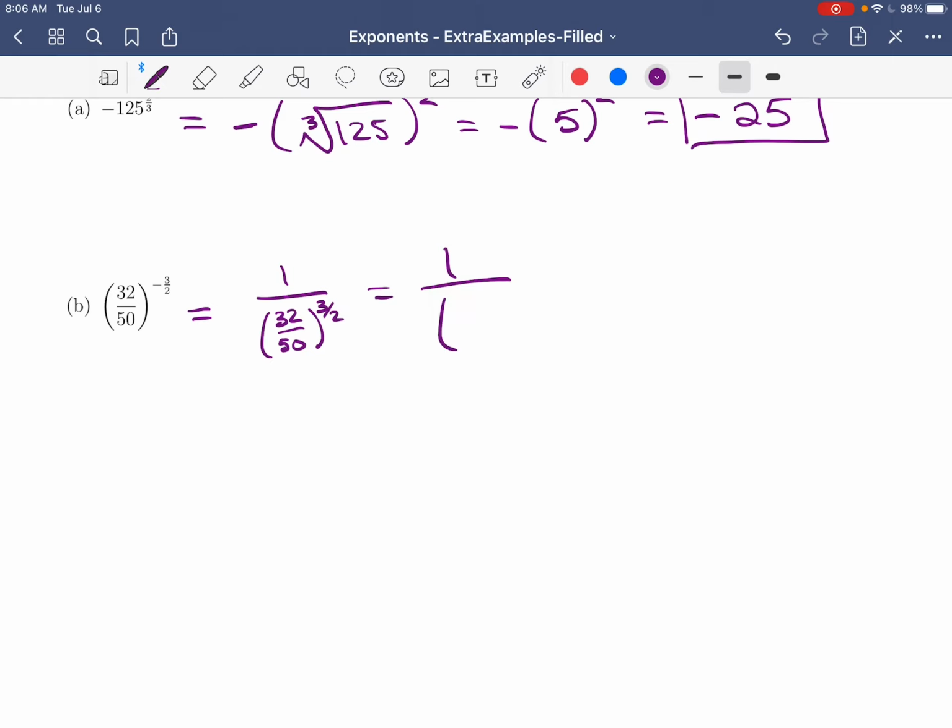So I think 2 divides both of those things, so I end up with 16 over 25. Okay, and then again, lots of ways to do this. So we could do 16 to the 3 over 2 divided by 25 to the 3 over 2.